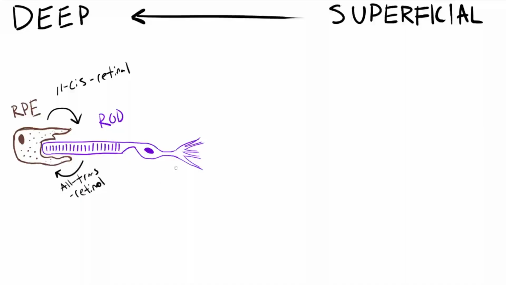It can take up to 40 minutes for this process to fully complete. That's because in the daytime, your rods are inundated with so much light, they kick off all of their 11-cis retinal. They're completely bleached, is the word they use. And so you need time to regenerate all of your 11-cis retinal to see in the dark.